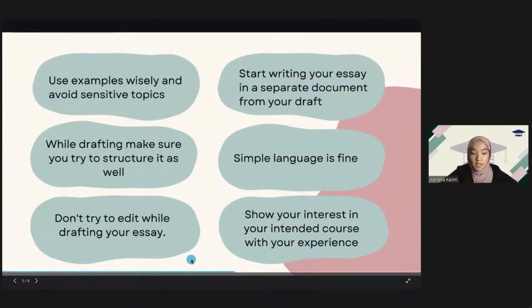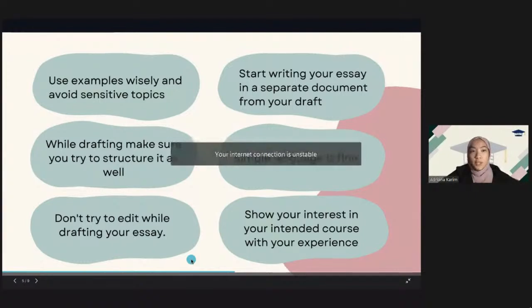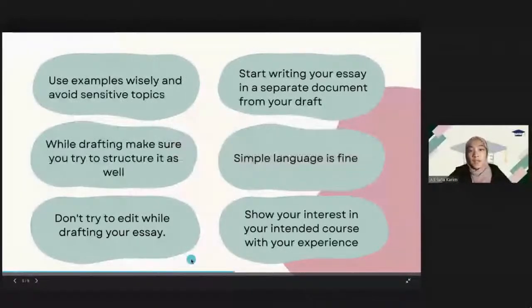And sometimes they have a time limit, so to avoid these hiccups, maybe you can write it on word processing software that I've mentioned before, such as Google Docs and Microsoft Word. Once you're done with your essay, you can just copy and paste it into the field on the scholarship portal.